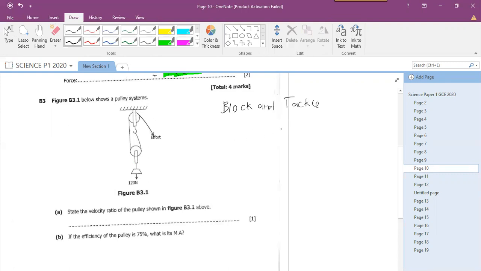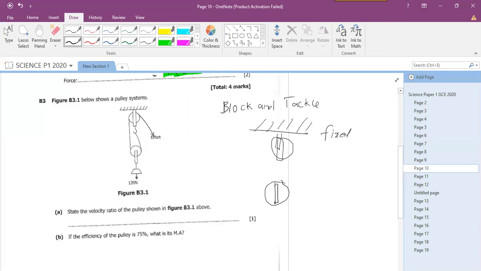It has got 2 types of pulleys. The first one is fixed. The first pulley is going to be fixed using a support. So this part here is known as the fixed upper pulley, because here it's mounted to a support. And then we've got another pulley system here that is suspended by a certain number of ropes.